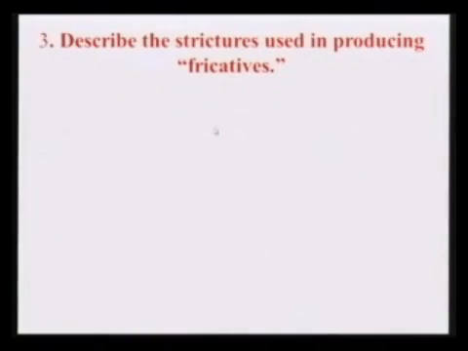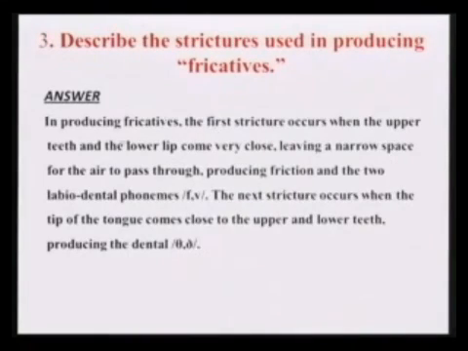Stricture used in producing fricatives. In producing fricatives, we make a very narrow space for the air to pass through. Further, we use labiodental, meaning the lip and the teeth.